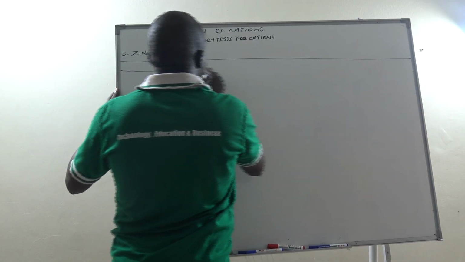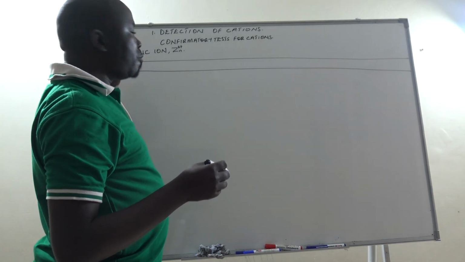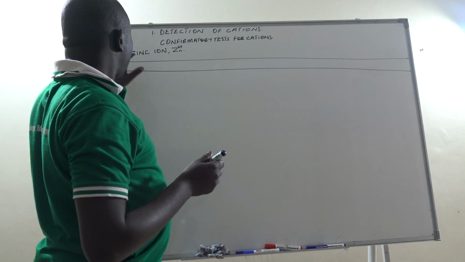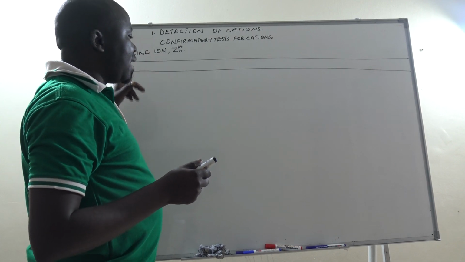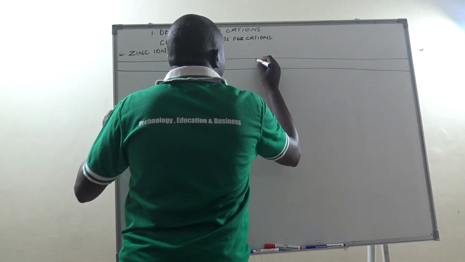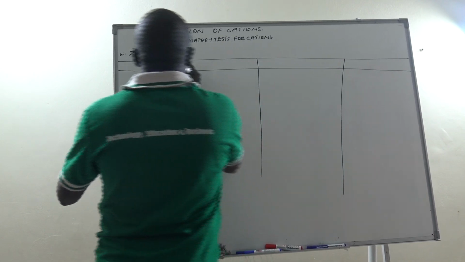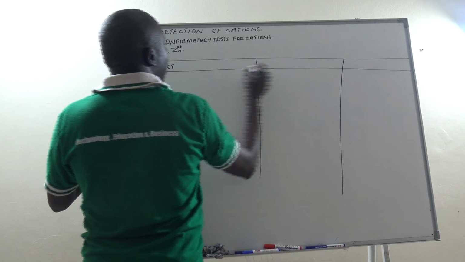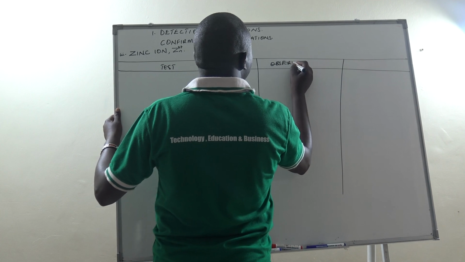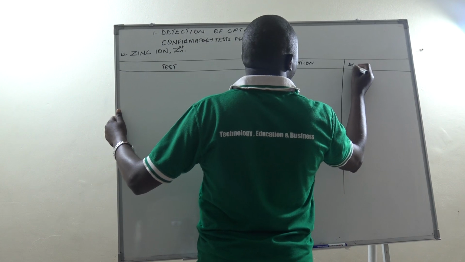Since we had already looked at the equations for the reactions involved when we use the confirmatory reagent for zinc ion earlier on, we are not going to write that equation again. This is for our test, this column is for the observation, and this one is for our deduction.